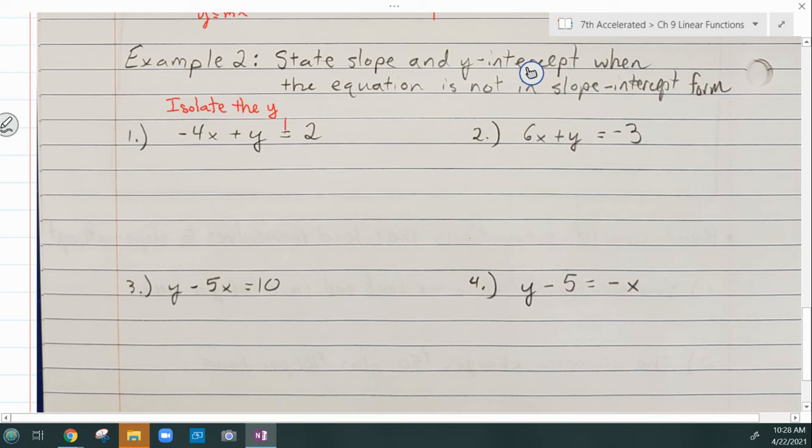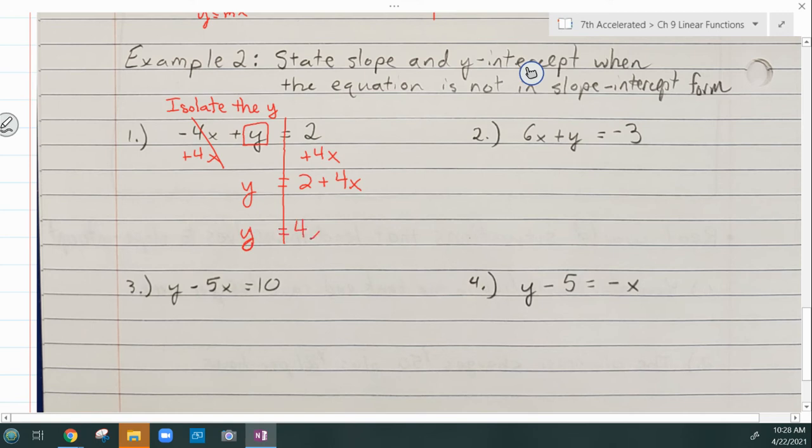So in this case, we need to isolate this y. We have to get it by itself. So we have an extra term, the negative 4x. So we're going to add 4x and add 4x. That cancels that out. Yay, y is isolated. And then we have 2 plus 4x. Those aren't like terms. Now we're going to use the commutative property and just move those around.